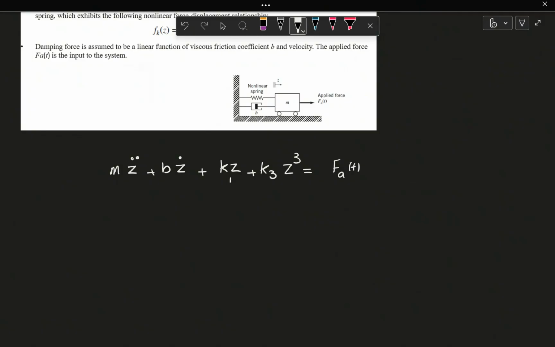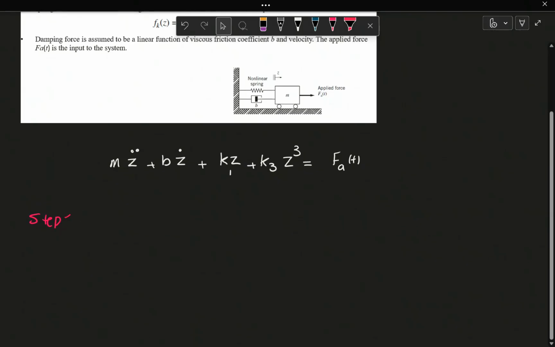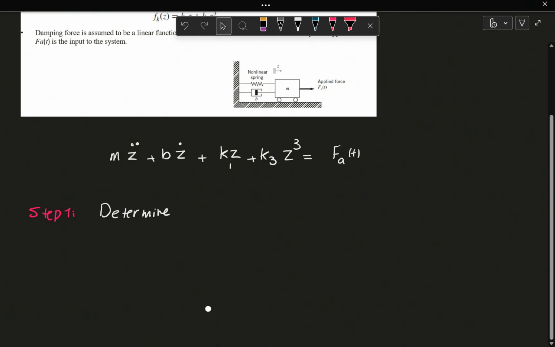I'm going to go with my 4 steps, just like the previous example. Step 1: I'm going to comment on the number of states and on the number of inputs. So I'm going to determine the order and the number of inputs.